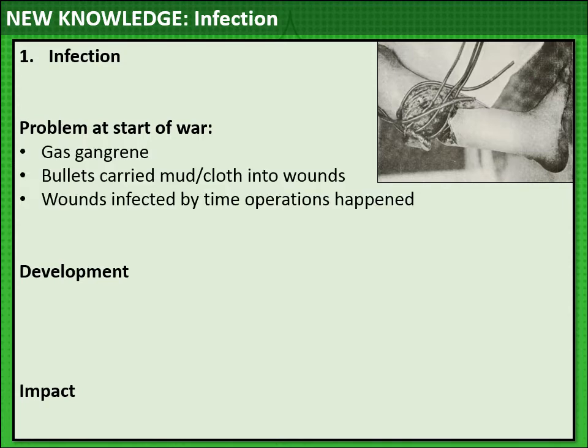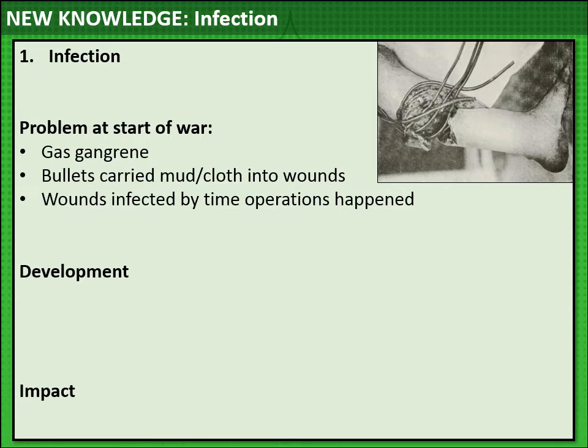Now, gas gangrene was a huge problem. This is where soldiers' wounds were infected, and so as the wound healed, decaying matter would be trapped inside the body and wounds would bubble and pop and fizz.